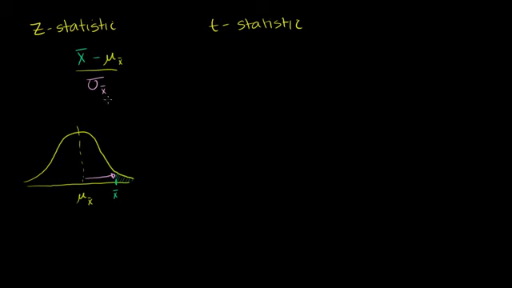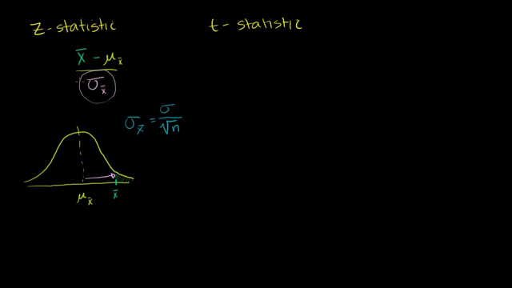Now, we usually don't know what this is either. The central limit theorem told us that, assuming that we have a sufficient sample size, this thing is going to be the same thing as the standard deviation of our population divided by the square root of our sample size.